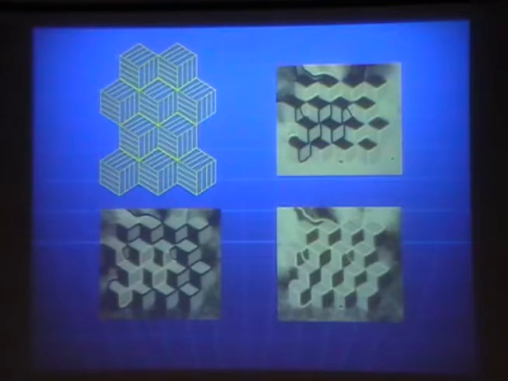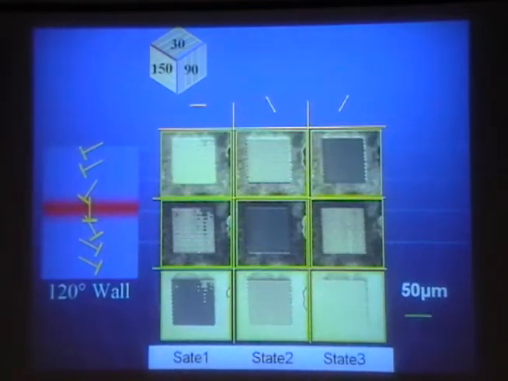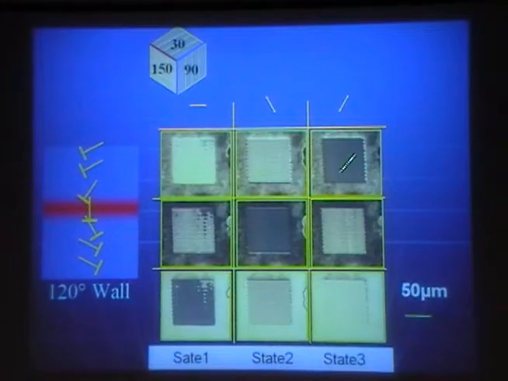And not a simple chiral symmetry, but so to speak, this is a hyper-chiral symmetry, because it involves 3 different states. These are some early examples showing 3 different states.